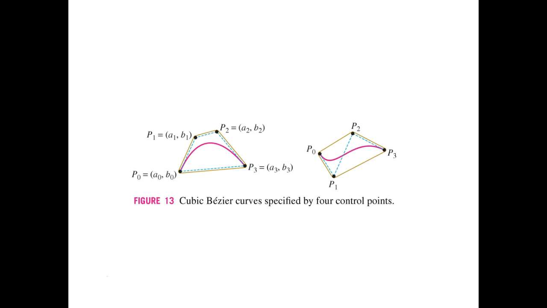So the Bezier curve through point P0 at t equals 0, we must show that the slope of the tangent line at t equals 0 is equal to the slope of P0, P1.